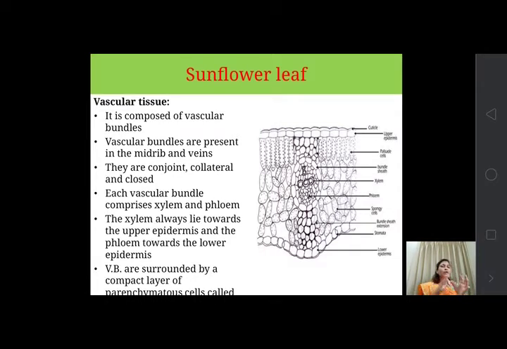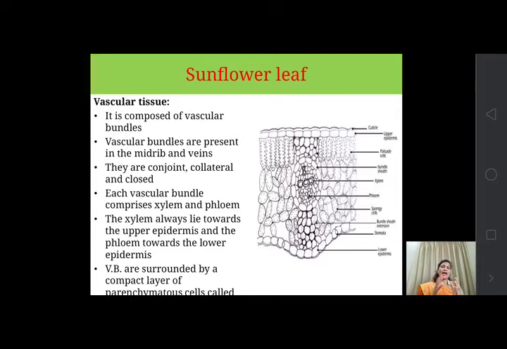Conjoint, collateral means the xylem and the phloem are present on the same radius. Closed means in between the xylem and phloem there is no meristematic or cambium tissue.